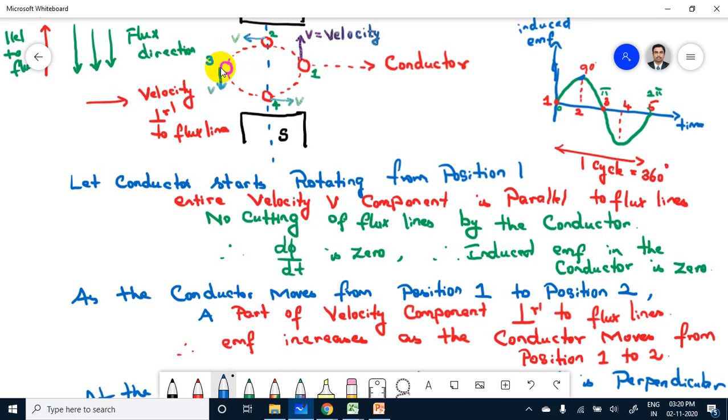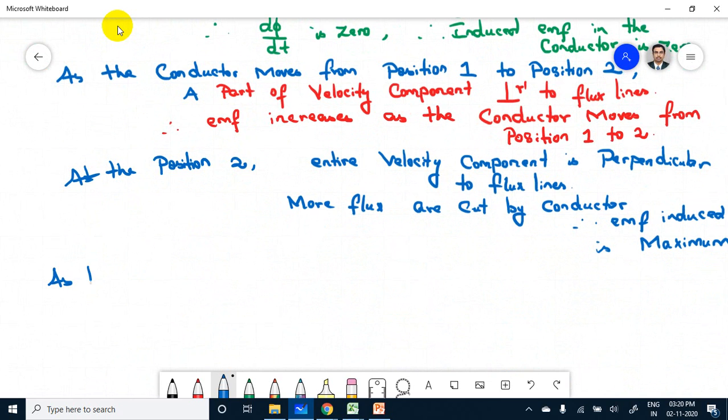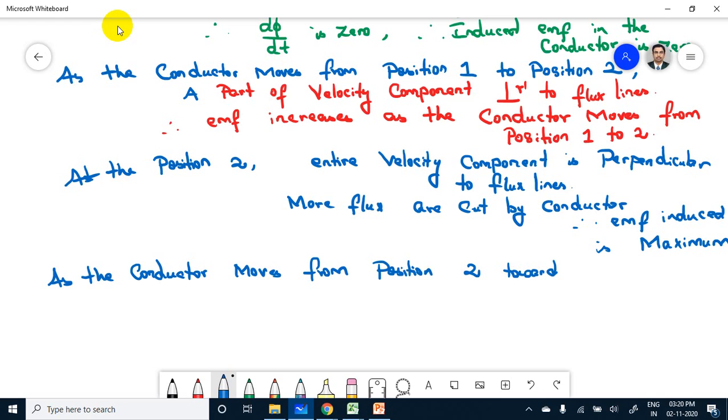As the conductor moves from position 2 towards 3, the velocity component perpendicular to flux starts decreasing.